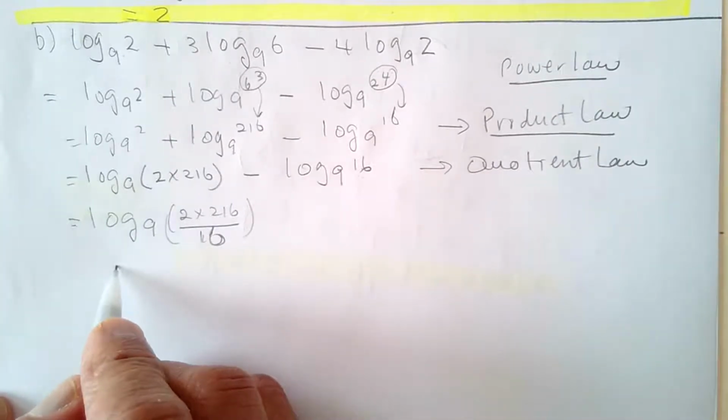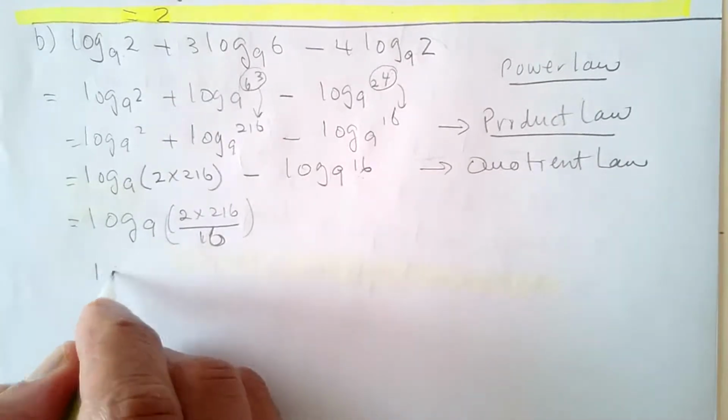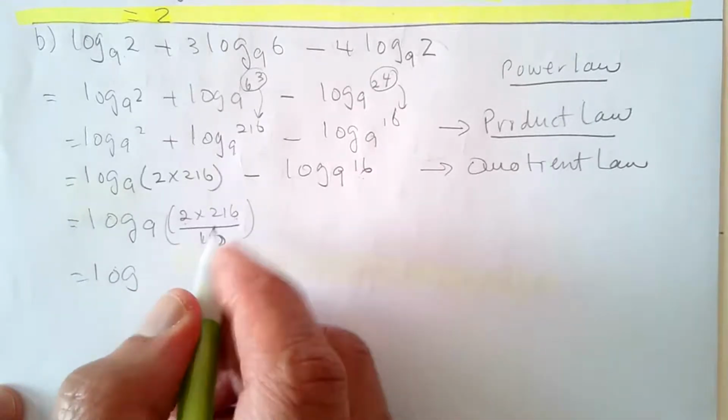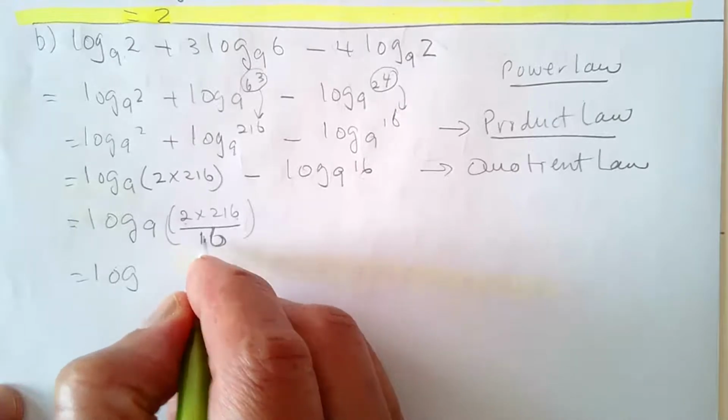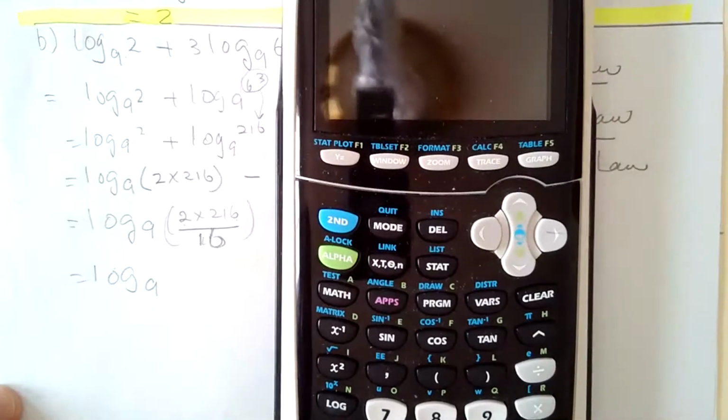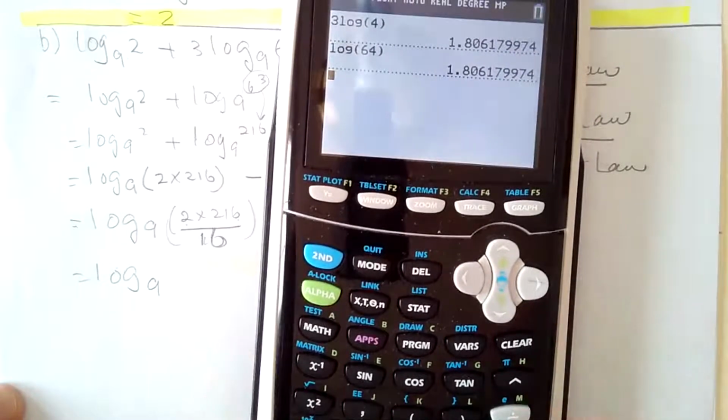Simplify. What do we have here? Log 9 of 2 times 216 divided by 16. Now, will that give us, let's use a calculator here.